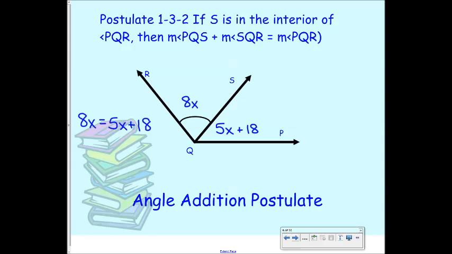So what would I do then to simplify this? Subtract 5x minus 5x, and that's going to give me 3x equals 18, so x equals 6. Good. So now I'm going to plug that into which one? The 8x. This one would give me what? 48.